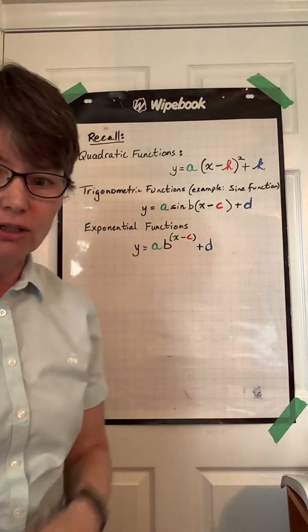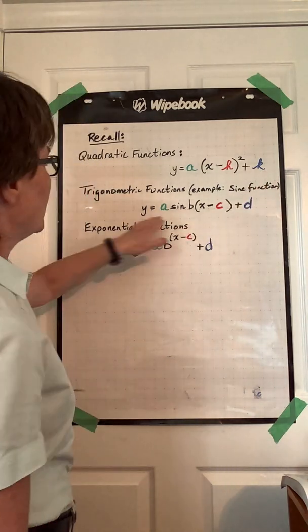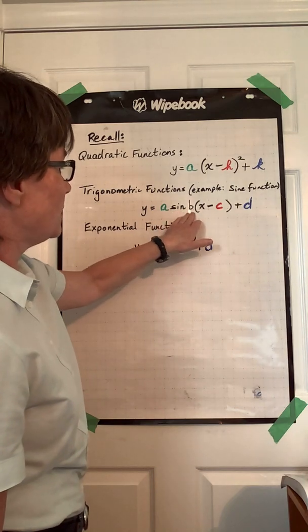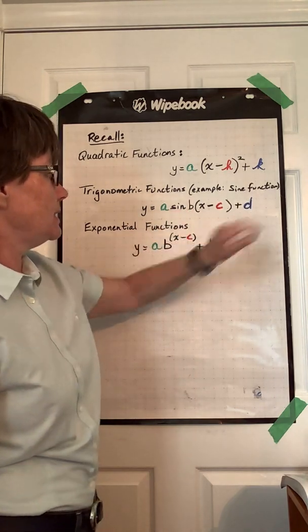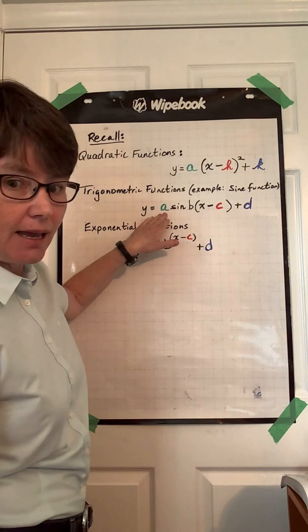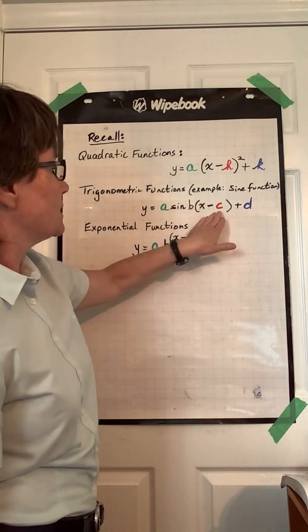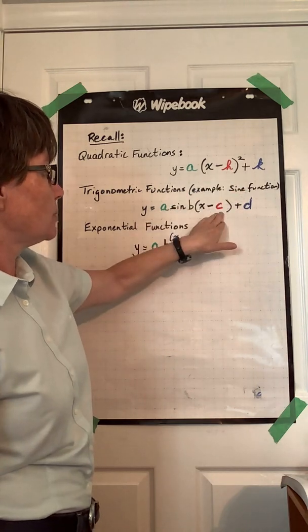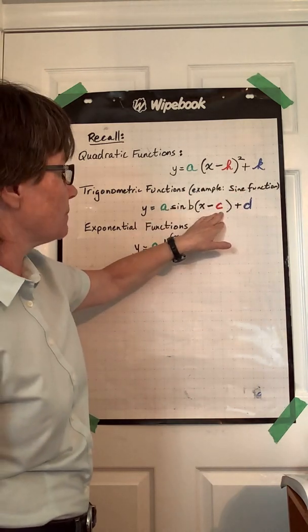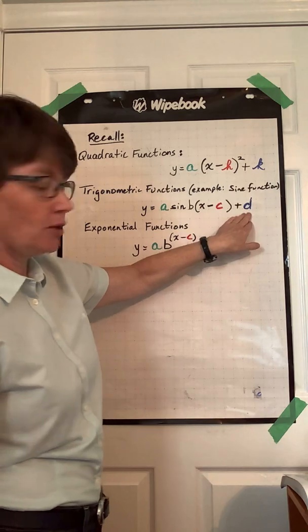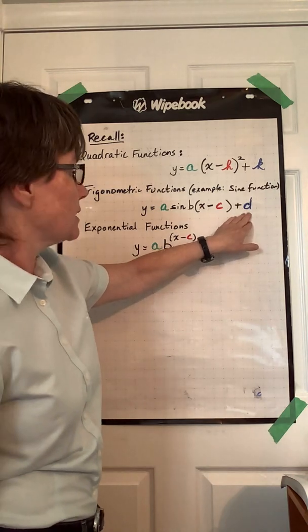Trigonometric functions, for example, the sine function. Y equals a sine b x minus c plus d. So A, again, same as quadratics, vertical stretch or vertical compression. C, same as this H in quadratics, horizontal translation. D, same as the K in quadratics, vertical translation.